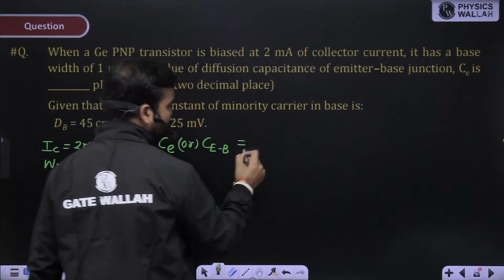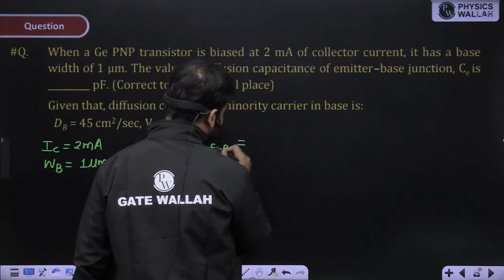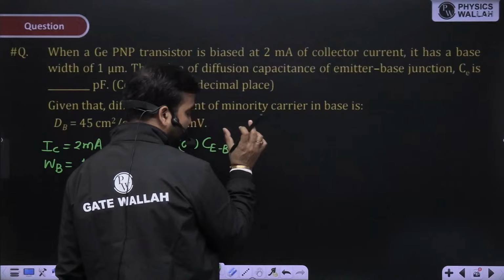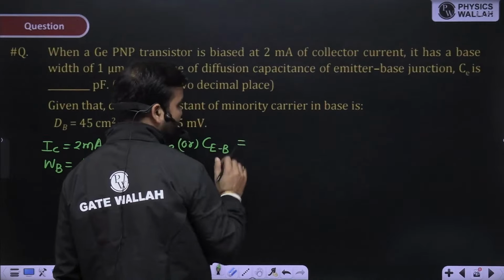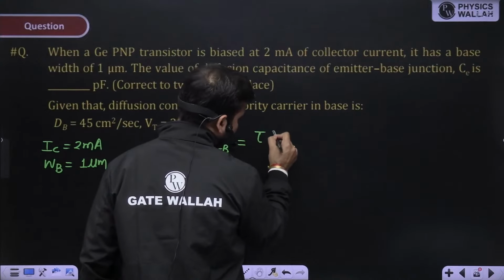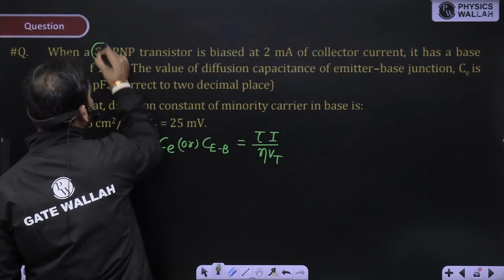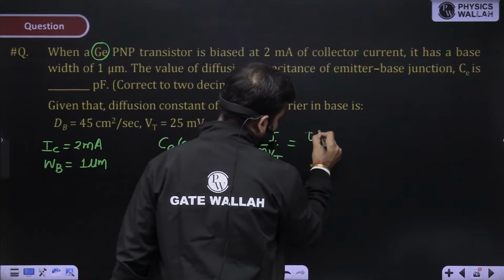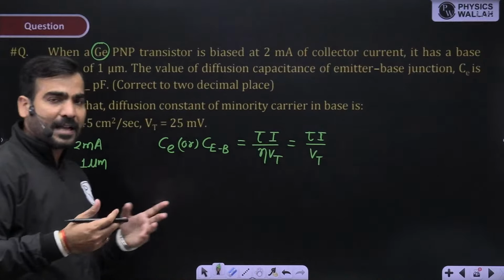What is diffusion capacitance? Diffusion capacitance you have studied in the PN junction. I have told you diffusion capacitance between two regions of the device, P or N, that is tau I upon eta Vt. But for germanium, eta is 1, so you can write tau I upon Vt. What is the meaning of I? In the BJT, this I is collector current.